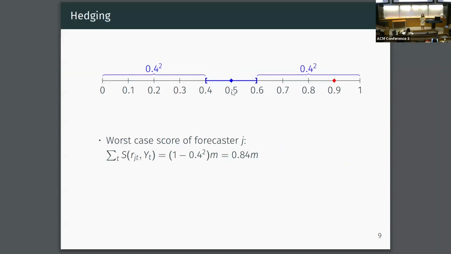The worst case of forecaster j, in terms of their score, ends up being 0.84 M. You can see that if their report direction aligns with the outcome: they report 0.6 if 1 occurs and 0.4 if 0 occurs, and we just take the sum of scores in that case.